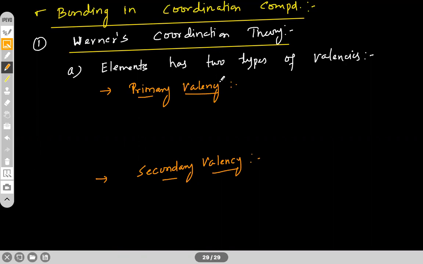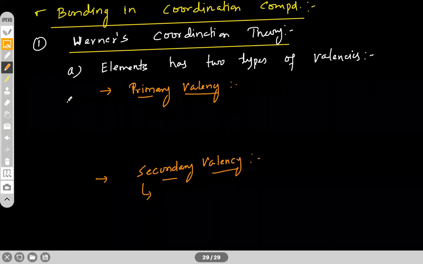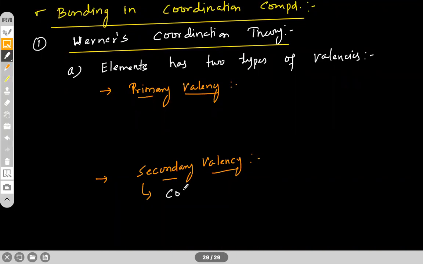Sir, can you repeat the first point? It corresponds to the coordination number of the central metal atom or ion. Right? So this one is the coordination number.